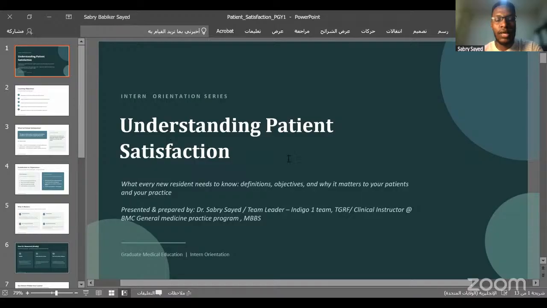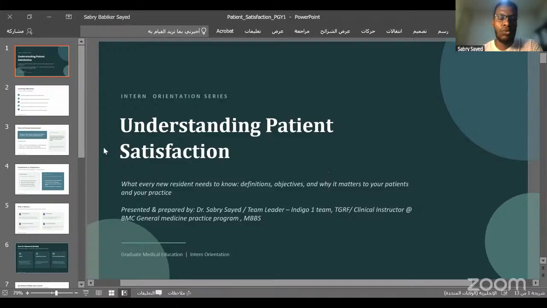So interns or junior doctors sometimes understand patient satisfaction as the patient experience. Although they are very related to each other, they are not the same.